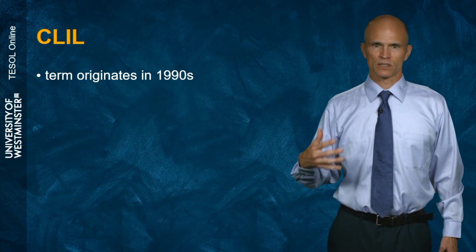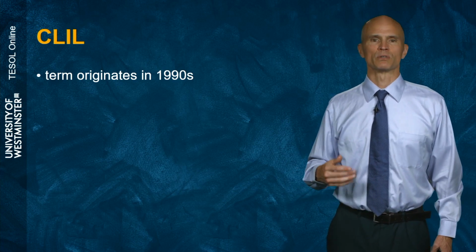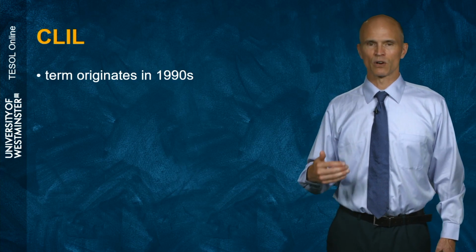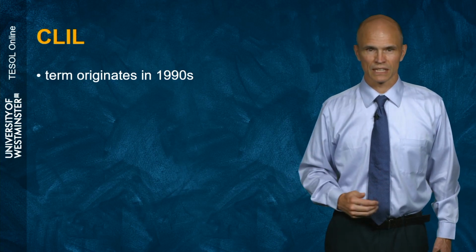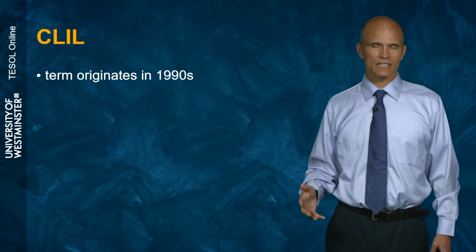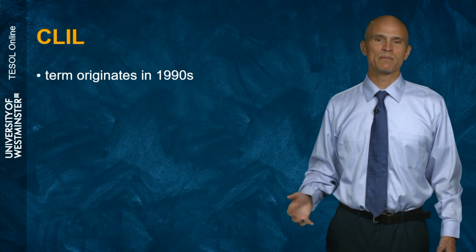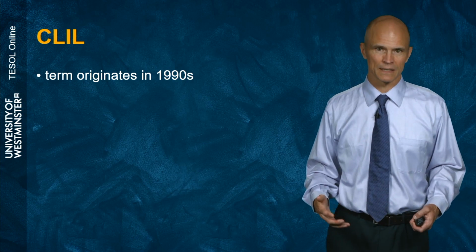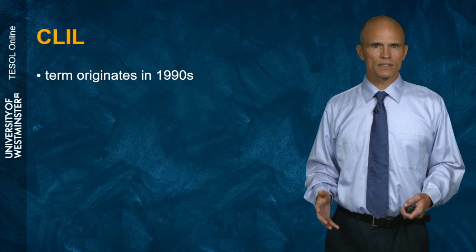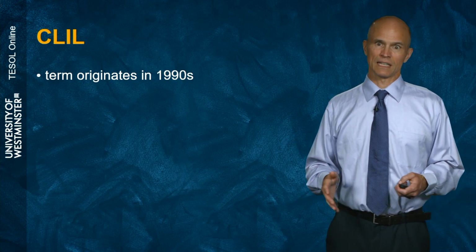Later, for reasons that we discuss in a different part of this module, this is superseded, taken over by CLT, communicative language teaching. Communicative language teaching, as it says in the name, was focused on communication, right? More talking and listening was done, but the content wasn't necessarily prioritized.